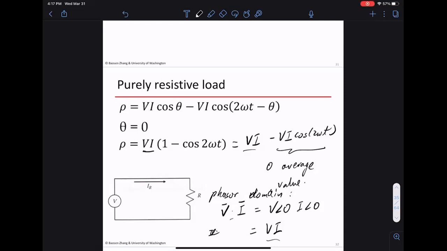This will set up something called the active and reactive power parts. From there on, we won't worry about this omega t term in the power anymore. We'll just look at what happens when you multiply V and I as complex numbers together and identify the real part and the imaginary part. We'll complete that at the beginning of next class.